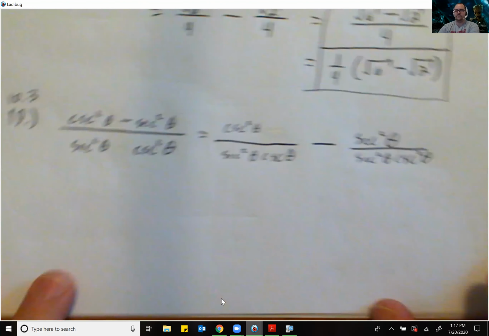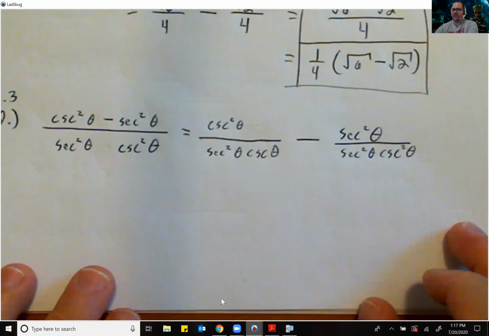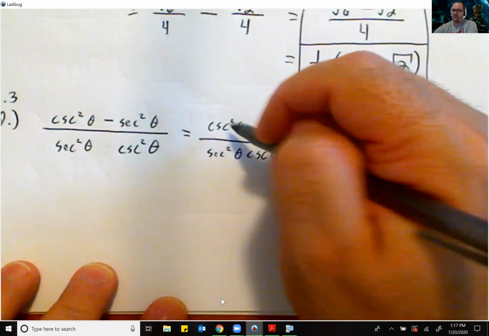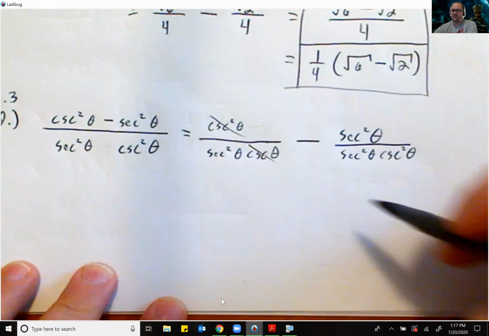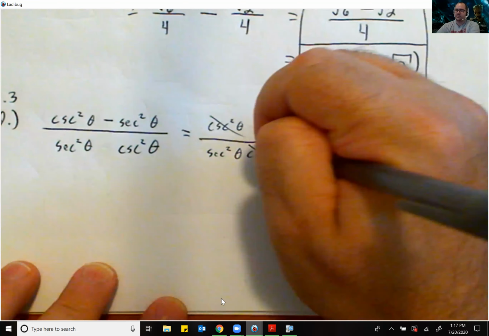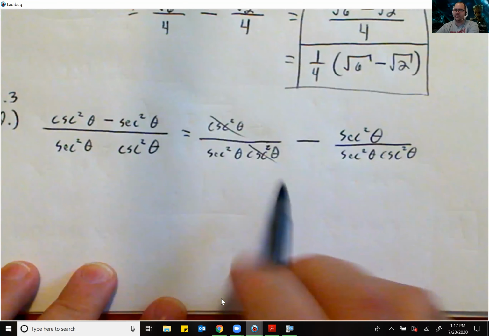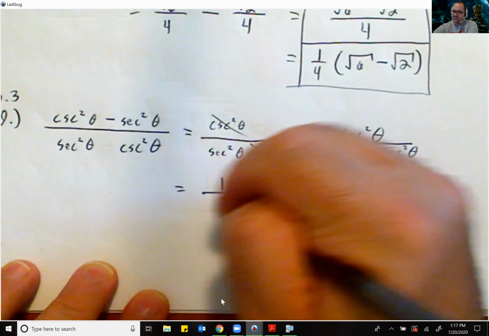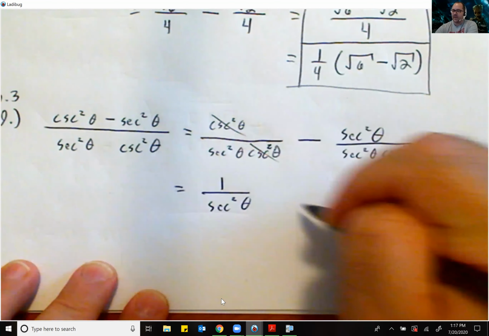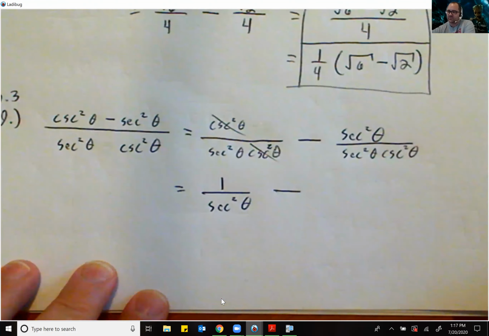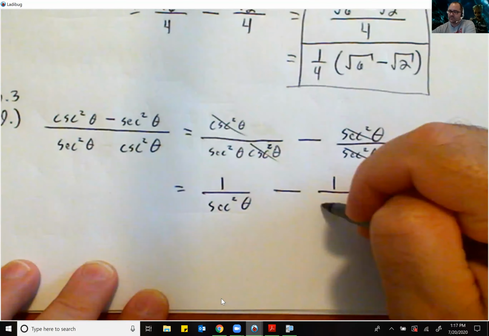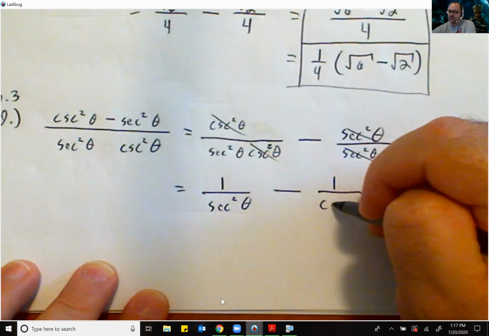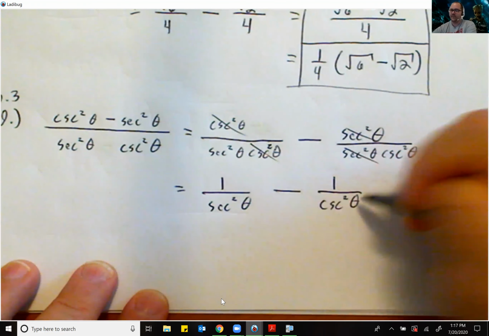Okay? And then from here, you can see that a cosecant, and this should be squared, we'll take out the cosecant squared, which will leave us with 1 minus secant squared theta, and over here, the secant squareds will take each other out, 1 minus cosecant squared theta.